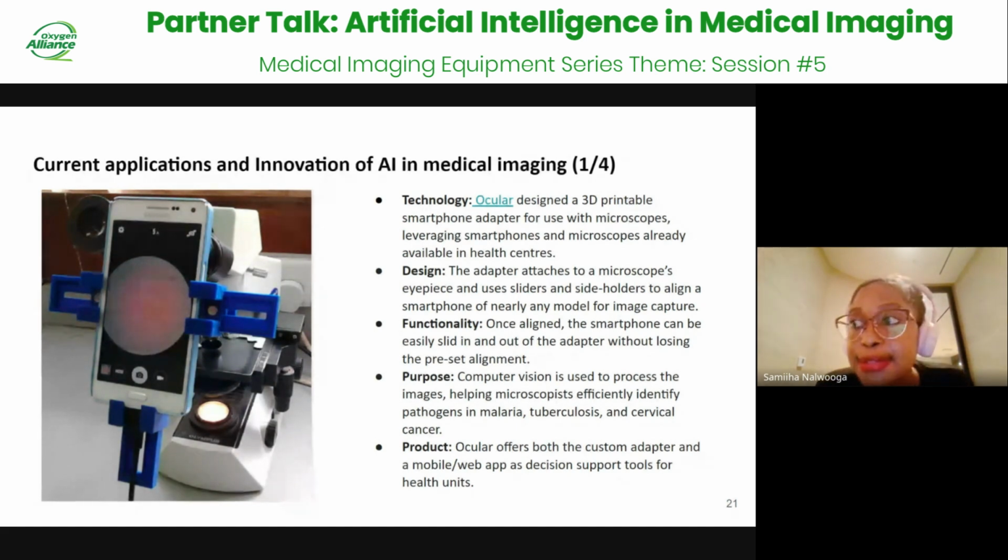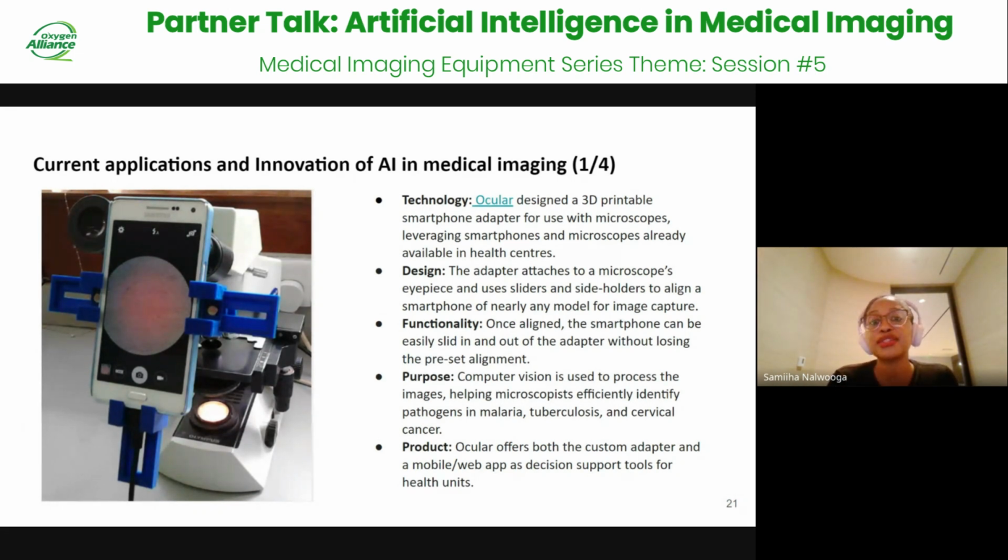So this is an innovation from Uganda by a team at Makerere University, and they call themselves the Ocular team. The technology behind it is that a 3D printable smartphone adapter has been designed by the Ocular team, to be used with microscopes, leveraging smartphones already in the healthcare centers.